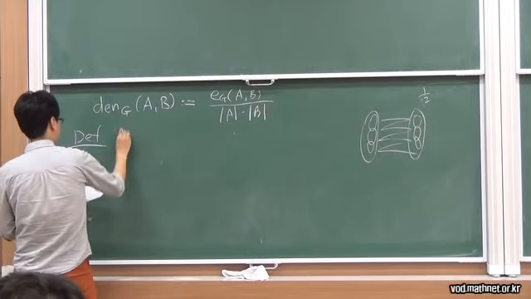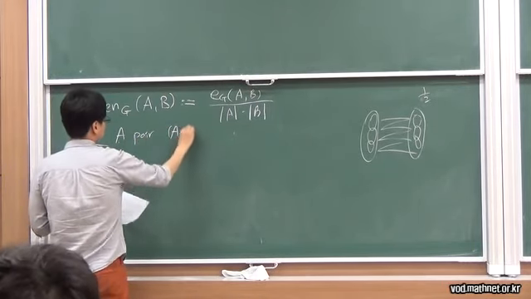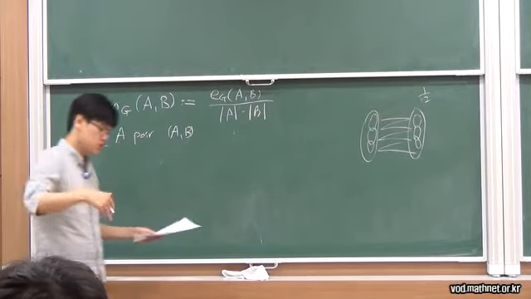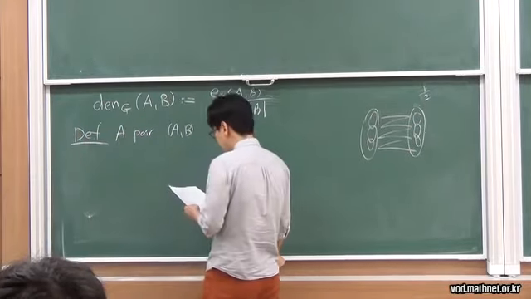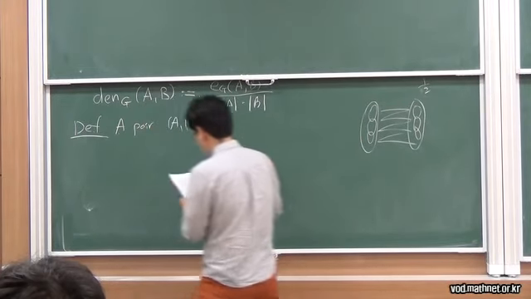So we say that a pair, we either say G is epsilon regular or that this pair is epsilon regular. We sometimes use both notations. But let's define it this way.